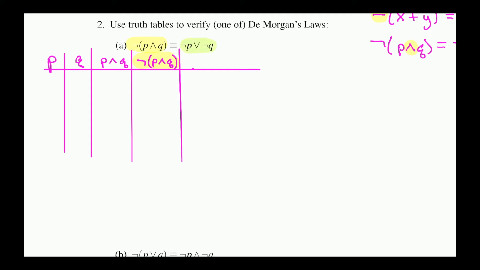We're also going to be looking for the right-hand side. So we're going to need a not P, a not Q, and then a not P or not Q.